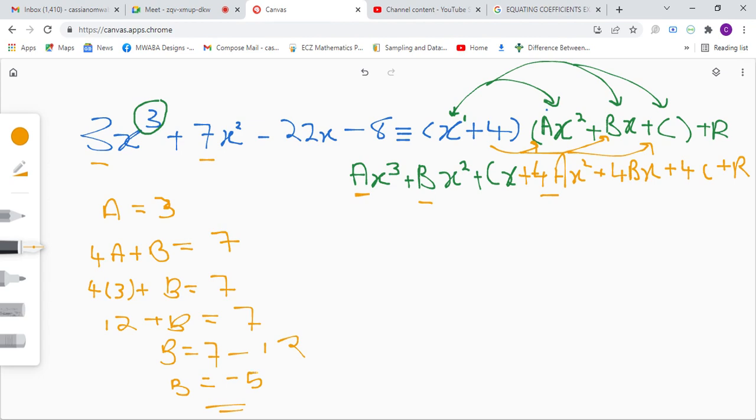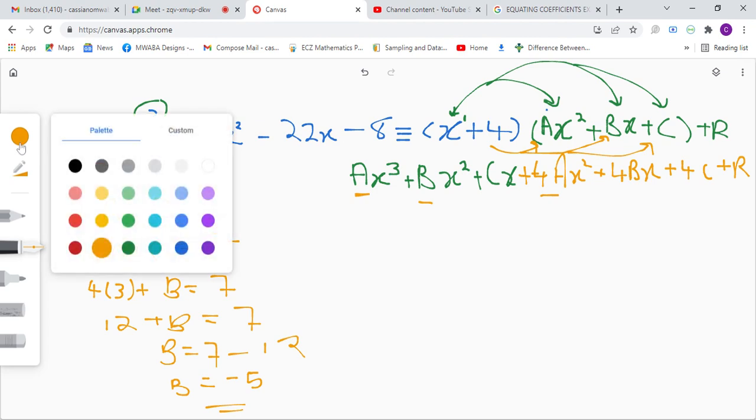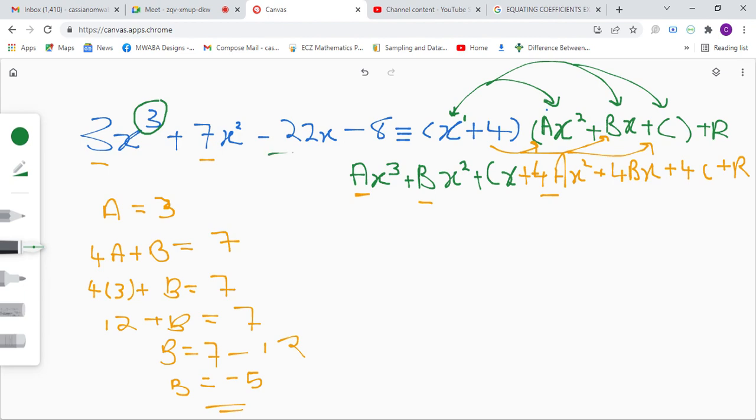Right? Then we're going to look for the coefficients for x. On our left hand side it is negative 22. On our right hand side, we have c and 4b. So we're going to say 4b plus c equals negative 22.